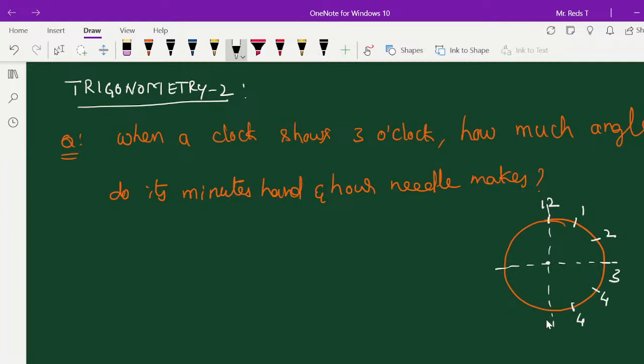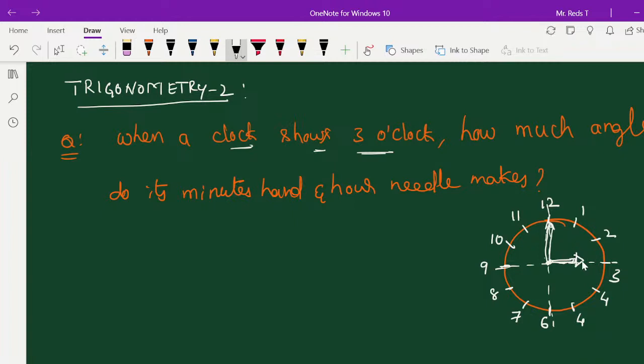4, 5, 6, 7, 8, 9, 10, 11 and 12. Now if you go through the question carefully, what is given is: when a clock shows 3 o'clock, the hour hand will be pointing like this, at 3, and the minute hand will be pointing at 12. The minute hand is relatively thin compared to the hour needle.